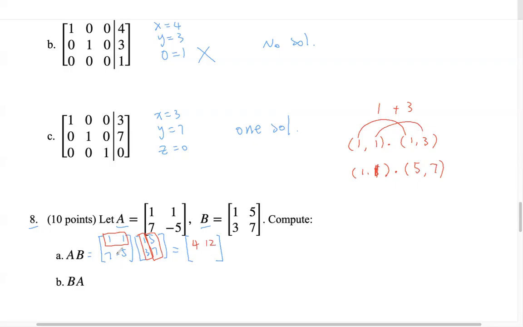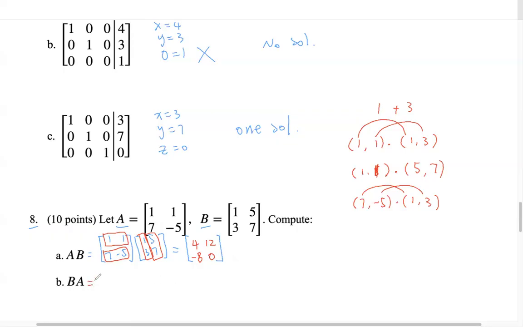The second row, the first entry comes from taking this row dot product with the first column. So 7, negative 5, dot product with 1, 3. 1 times 7, 7. Negative 5 times 3, negative 15, plus 7, negative 8. Then 7, negative 5, dot product with 5 and 7, well, that's 0. And that's it. So that's A times B.